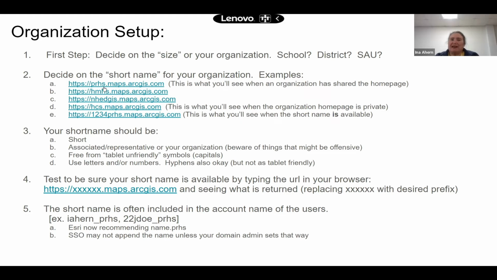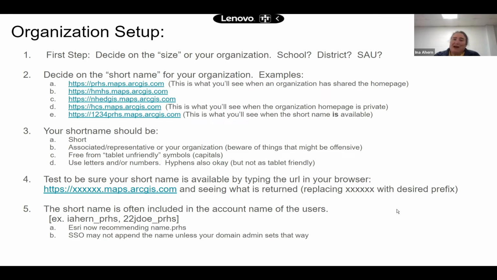So you take whatever you want to use and type it in .maps.arcgis.com. If it opens to a page that's been configured or that has that sign in, then that tells you that short name is not available. If it opens to what you saw when we looked at this 1, 2, 3, 4 PRHS, just the main ArcGIS Online page, you know your short name is good.